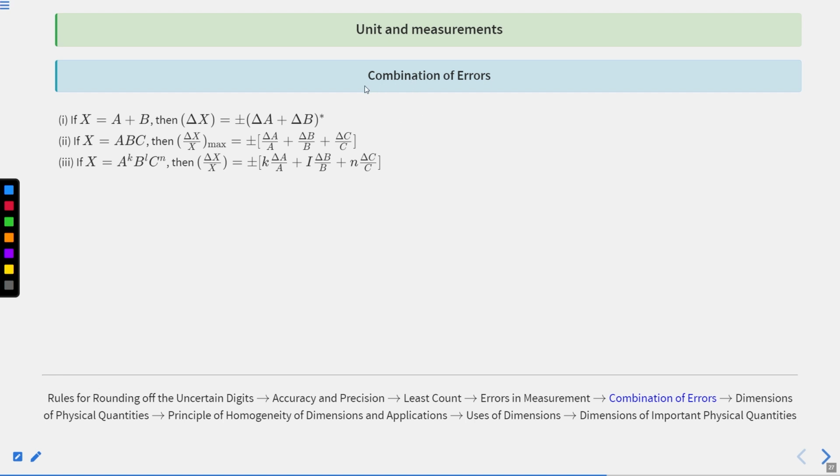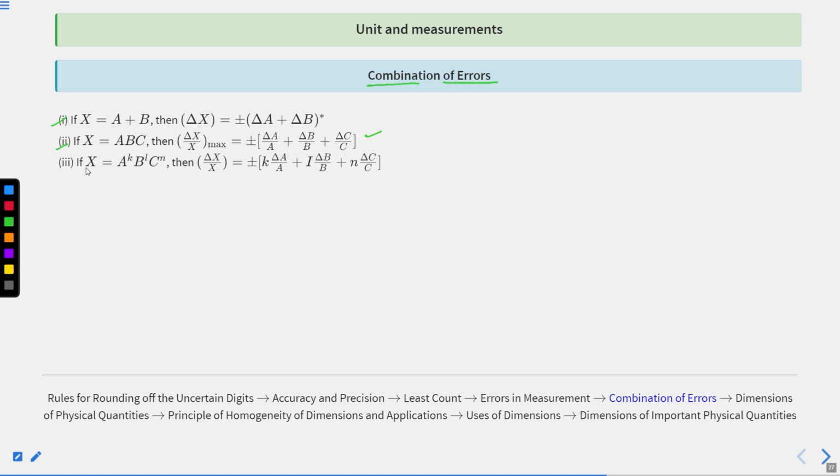Combinations of errors. First, if x equals a plus b, then delta x is equal to plus or minus delta a plus delta b. If x equals abc, then delta x by x max equals this term.